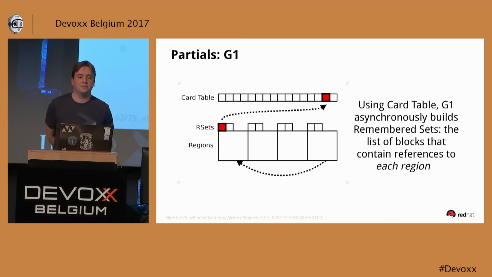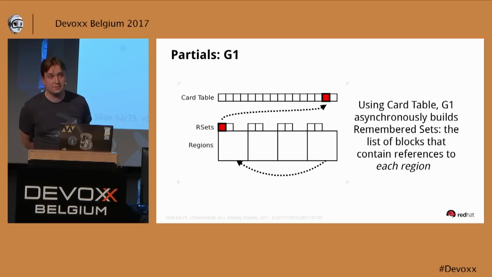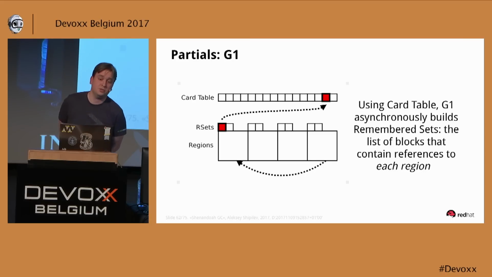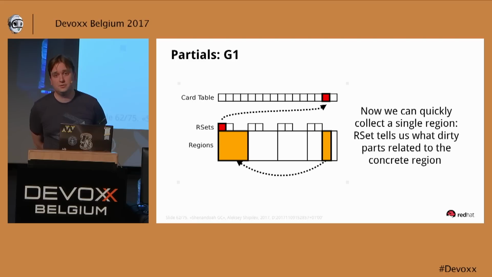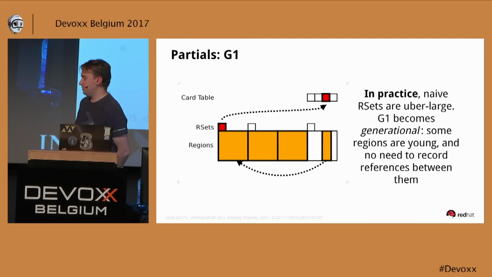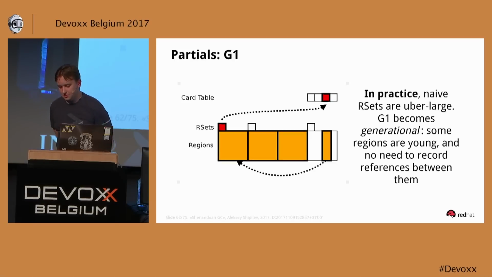So there's another thing, more fine-grained remembered sets, that basically tell you for each particular region which dirty parts of the heap you have to scan. So in this example, if I collect the first region, I have to also look into that dirty part of the fourth region.